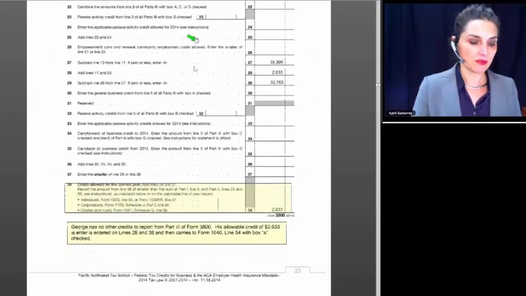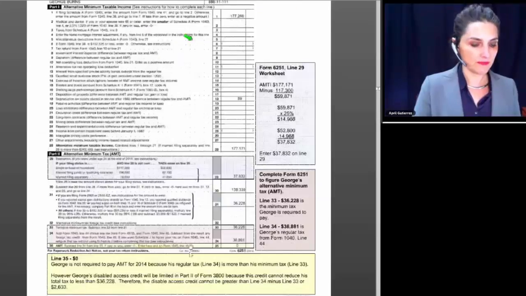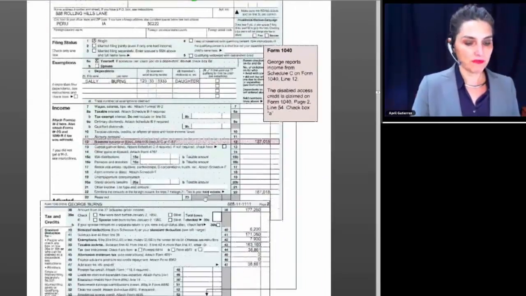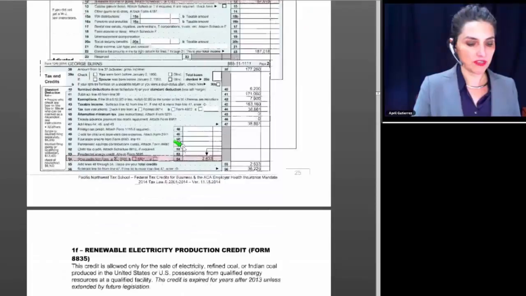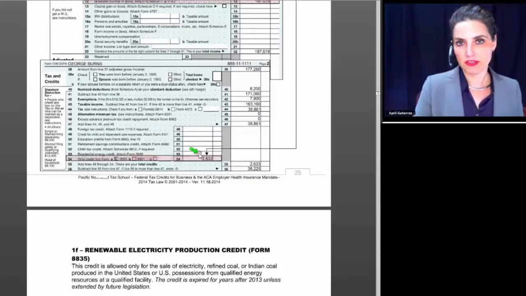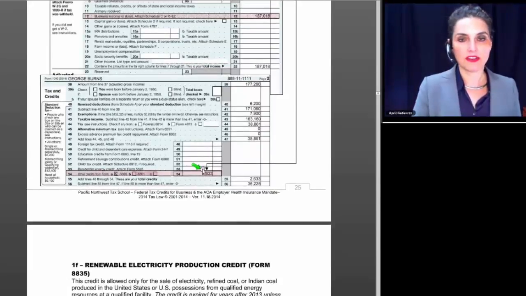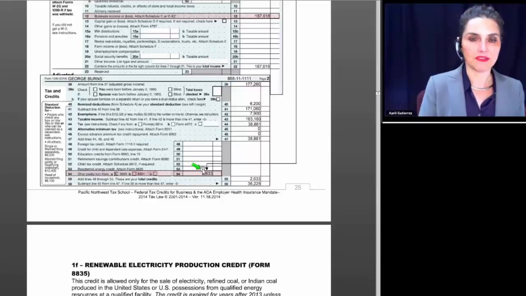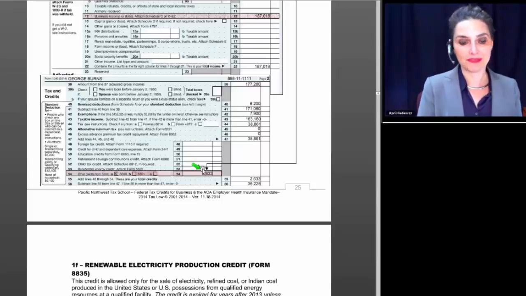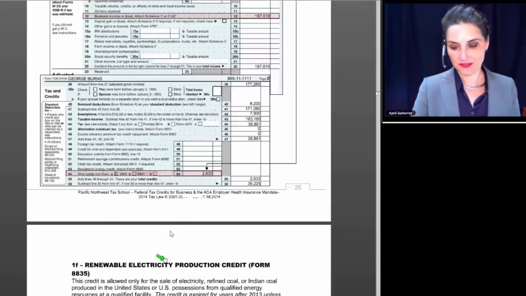In this case, the appropriate form is his 1040 form. So we're just going to move over to Form 1040 onto page 2, and you can see down here on line 54, we check box A for Form 3800 and enter $2,633. So essentially, George figured a nice $5,000 credit for the disabled access improvements he made, but he's only going to be allowed slightly over half of his credit for the year.